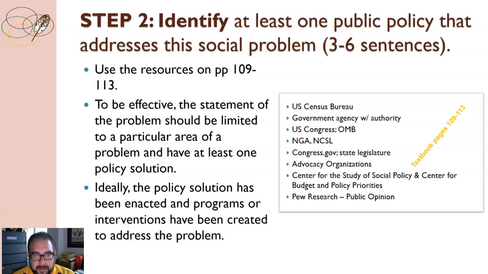So children's health insurance. And ideally, there are policy solutions that have been enacted. And for that particular issue, there are some federal and state policies and programs to provide care to children.